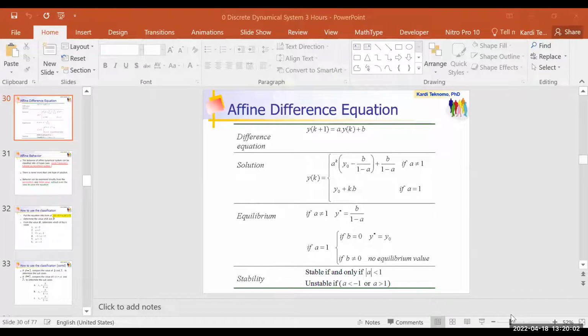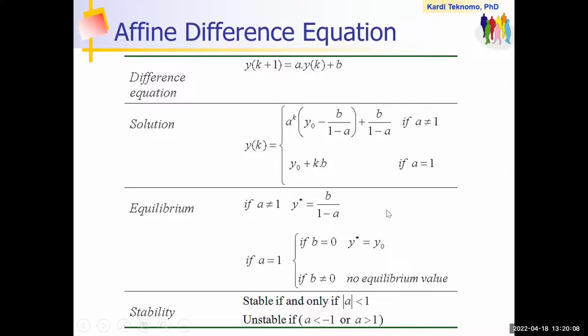So this is the summary behavior of affine difference equation. Can you see that? I just summarize it into one page so that when you have an exam or so on, you can always use this.